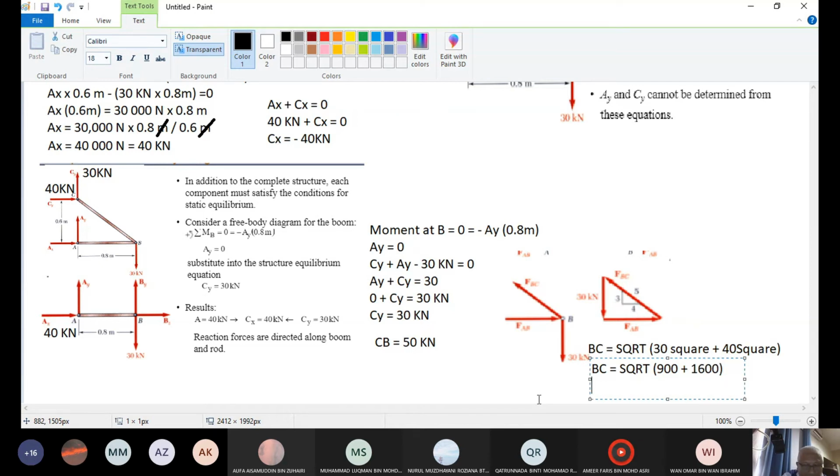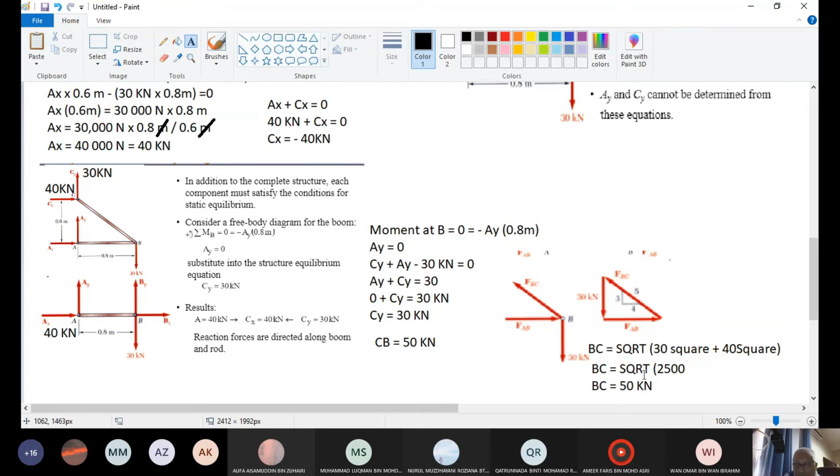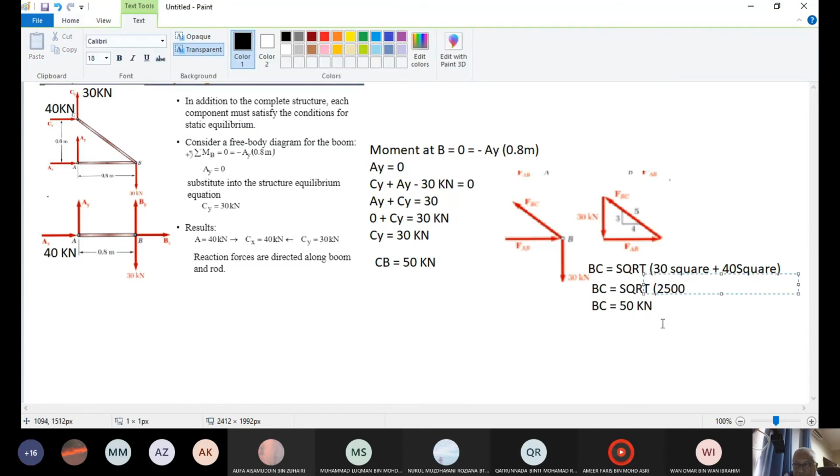So you end up with BC equal square root of 2500, which is equal 50. Can you follow this? Yes, sir.